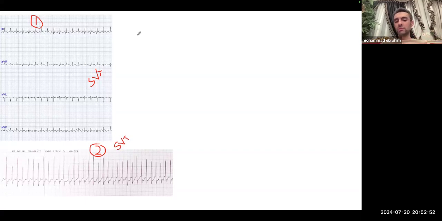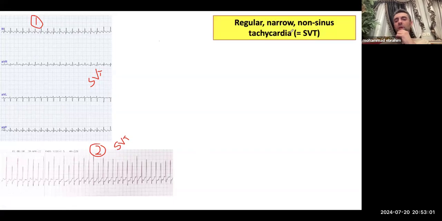So both are SVT, easy peasy. You want to give a vagal maneuver or adenosine. Again, this is a regular narrow complex tachycardia, not sinus because the P wave is not sinus-looking. In other words, SVT.